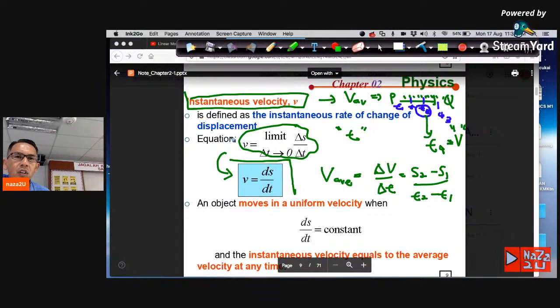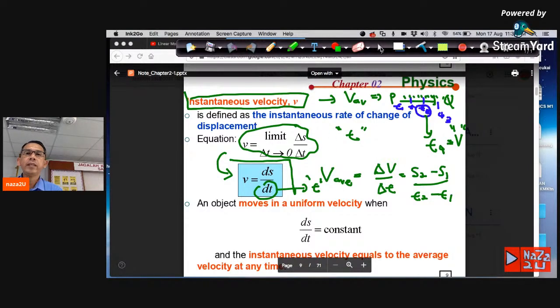But if we talk about the instantaneous velocity, we focus on a certain time T, pada masa-masa tertentu, right? So this is how you can differentiate average velocity and instantaneous velocity. The unit is the same, meter per second.